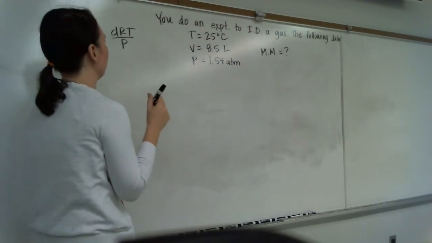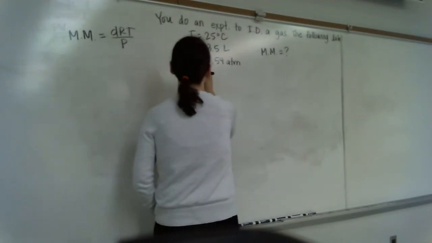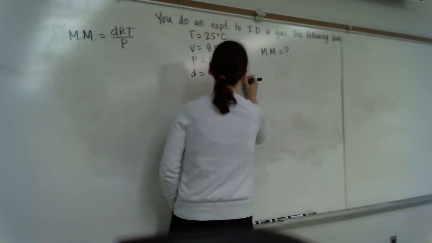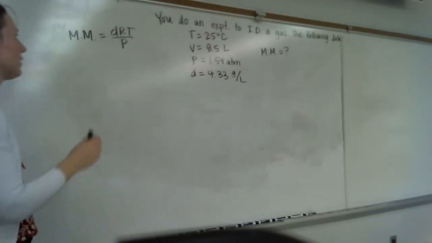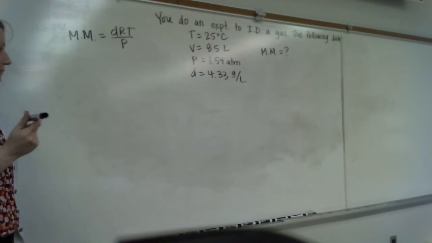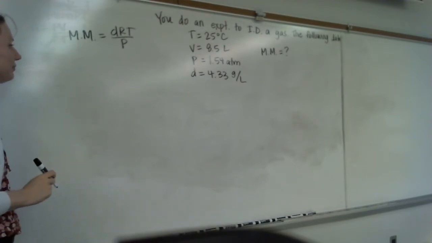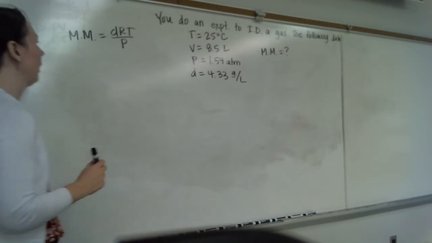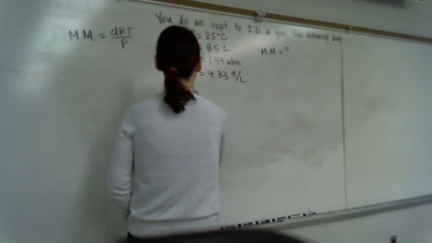So let me just tell you that the density experimentally is 4.33 grams per liter. Because obviously you couldn't solve for density without molar mass, right? That'd be kind of a problem. So there's the density. Let's just pretend our experimental density was determined to be 4.33 grams per liter. Could we solve for it now? Yeah, we could.